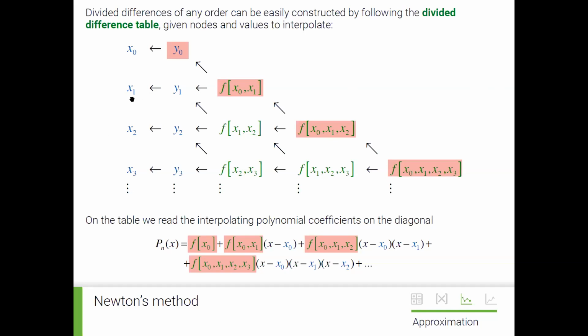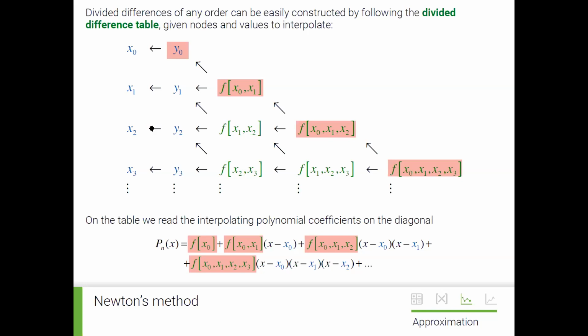Then for x1, the corresponding one is y1, and the corresponding Newton's divided difference f[x0, x1]. Now x2, like this; from the last one to the first one we can go also. So f[x0, x1, x2] corresponds to f[x1, x2], which interpolates y1 and y2.